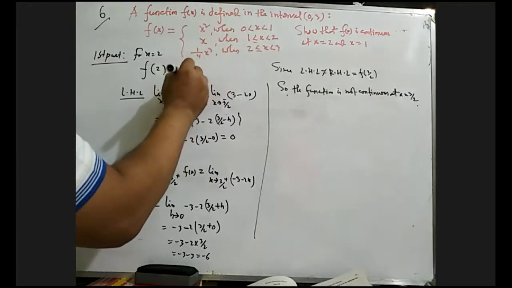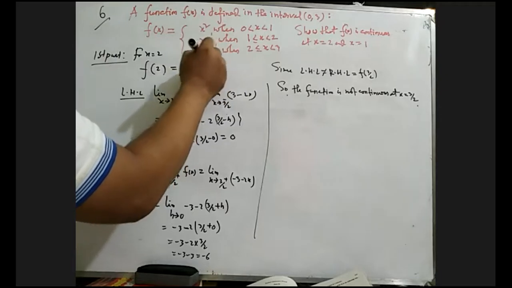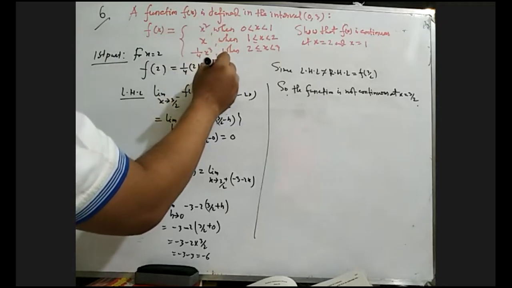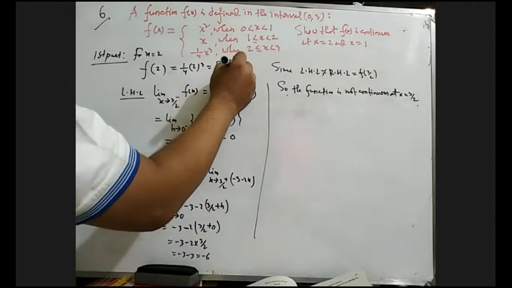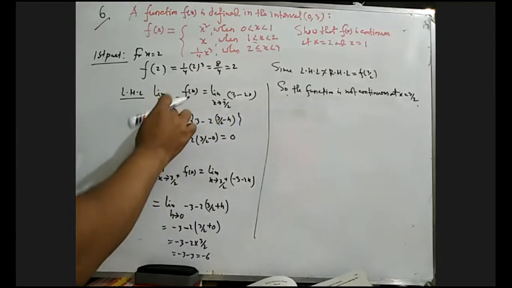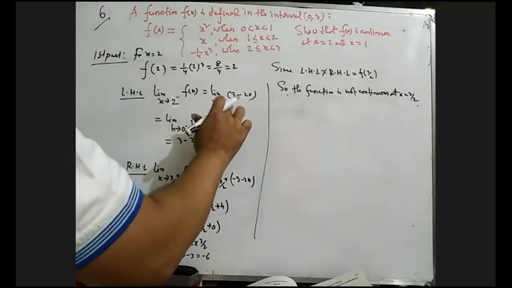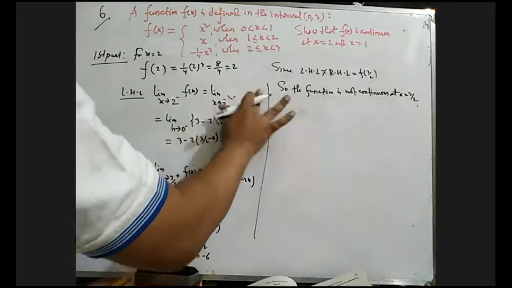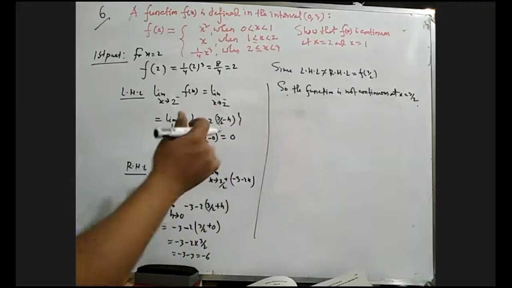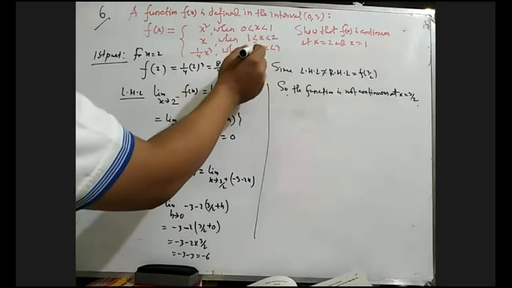That means 1 by 4, 2 cube, just putting x equals 2 in this part. So we get 8 by 4, that means 2. Now the left hand limit at 2, in which function? x less than 2, in which function?